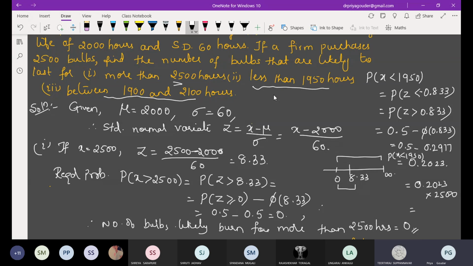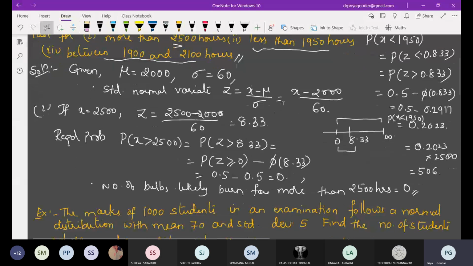You get 506. So among 2500 bulbs, approximately 506 bulbs are going to burn less than 1950 hours. We are just finding the prediction, or predicted value. Will you take the third part as homework? If yes, I'll go ahead with the next example. Yes, take it as homework, please.